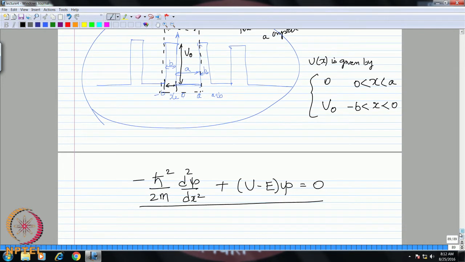So, we will be solving this, putting u naught for the case where x is greater than minus b and less than 0, and then we will be solving the simpler form for the quantum well.